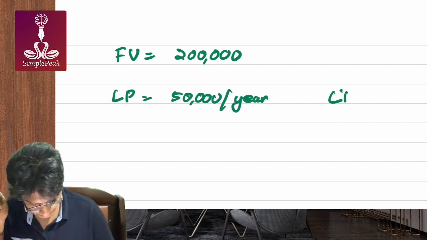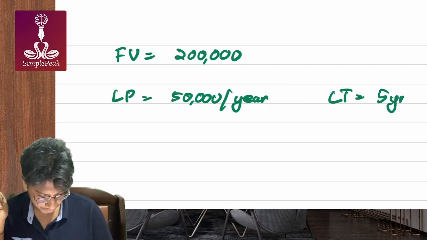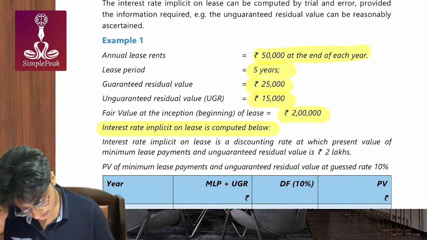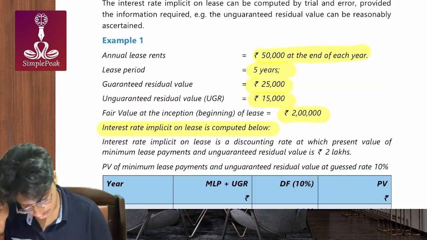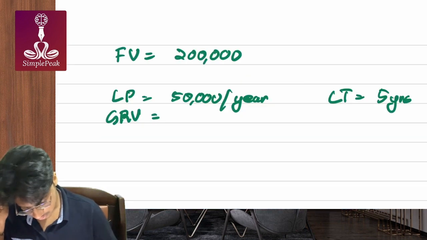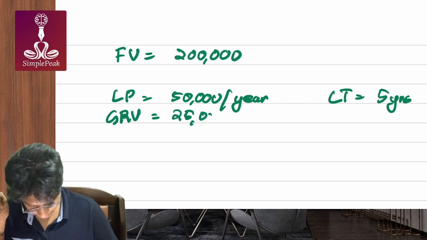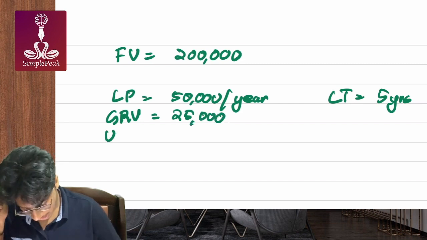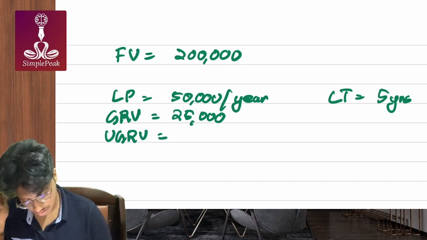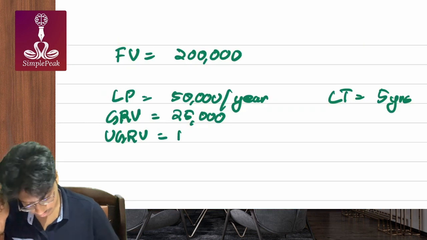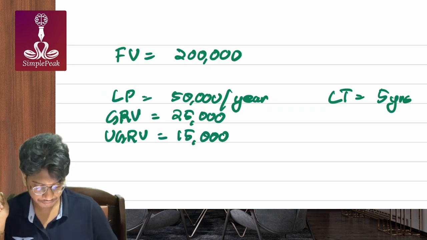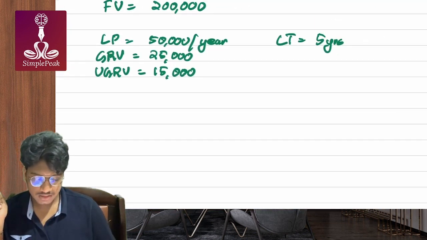Lease term 5 years. Then guaranteed residual value is 25,000 rupees. And unguaranteed residual value, UGRV, is 15,000 rupees. That is also given.